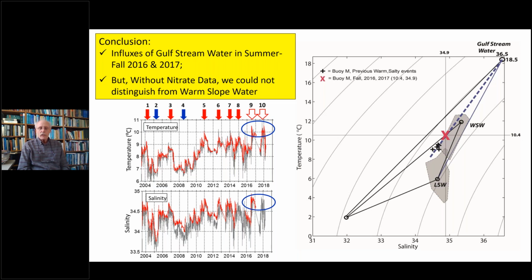So one has to wonder, did the Gulf Stream waters that we see penetrating the interior of the Gulf bring in this species that had never been recorded in the Gulf of Maine before?